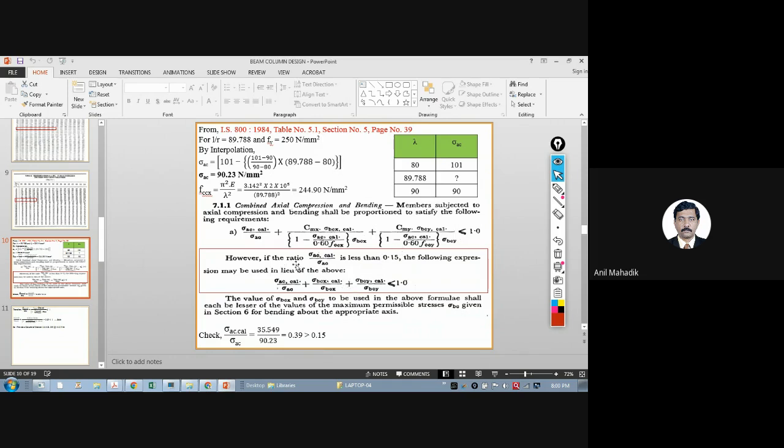Now if the ratio sigma AC calculated divided by sigma AC permissible is less than 0.15, then you can take it directly. So what is our general interaction ratio?